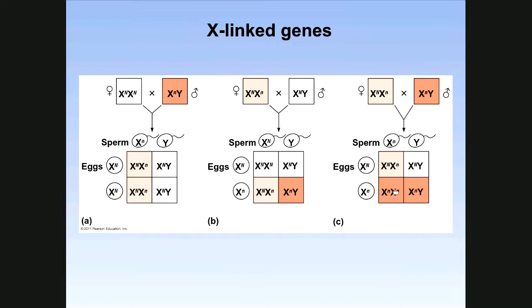In this case, if the genetic disorder is tied into an X-linked gene or X-linked trait, you'll give the X chromosome, and then the allele will be put as a superscript. And it'll either be an uppercase or a lowercase. For hemophilia in women and for color blindness in women, they're recessive genetic disorders.